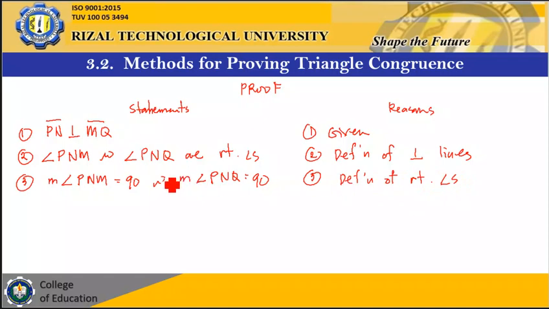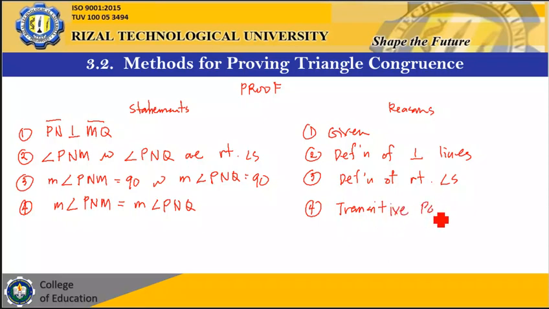Now we'll draw our next statement, statement number 3, because we can see here that we have 3 quantities. Therefore we can say that the measure of angle PNM is equal to the measure of angle PNQ, and the reason is the transitive property of equality.